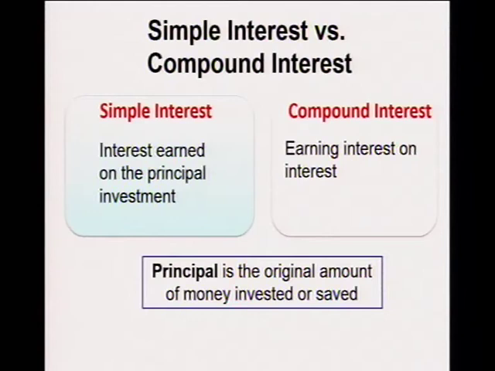And the term that we must also know at this stage is principal. Principal is the original amount that you either deposit or you invest elsewhere and expect it to yield some return in the form of interest in the future.